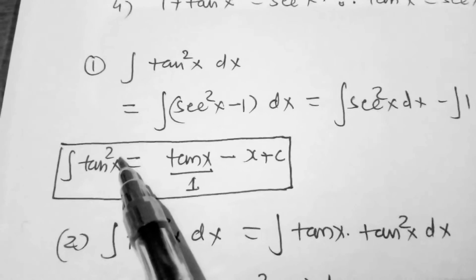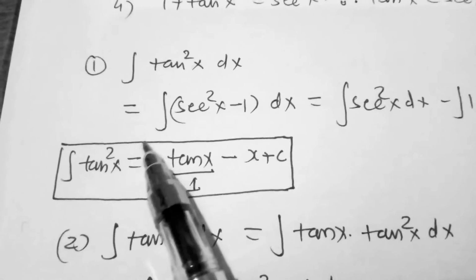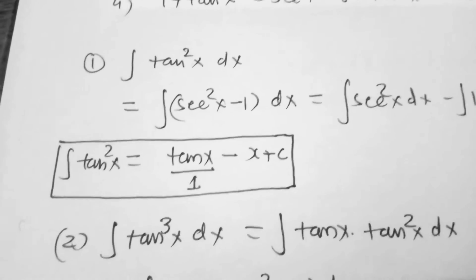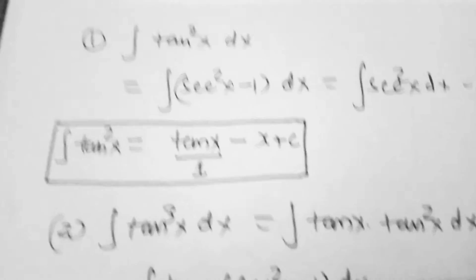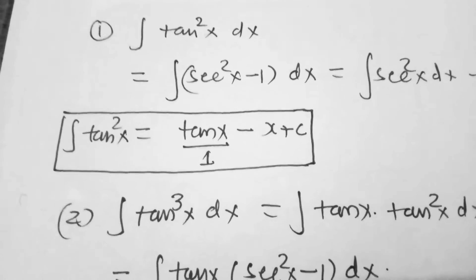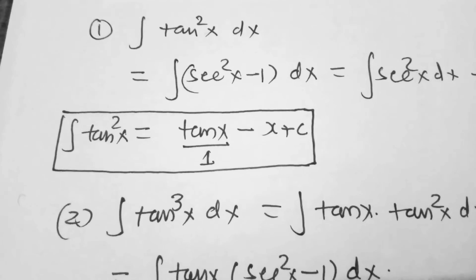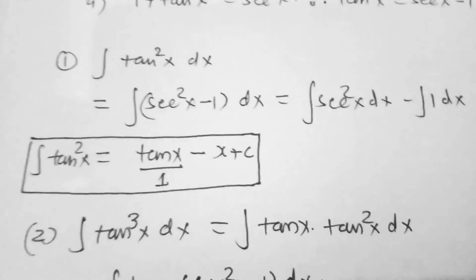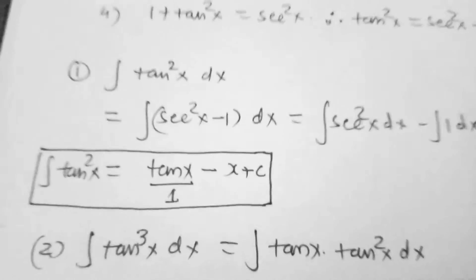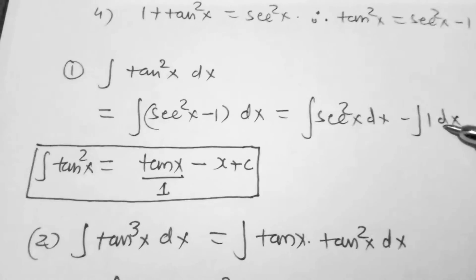That is straightforward. You can say that in the answer there is one power less than in the question. So this is tan x, and again concentrate on this 1 dx. This 1 dx is also important. Why?